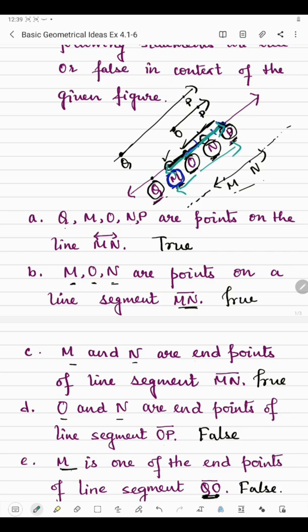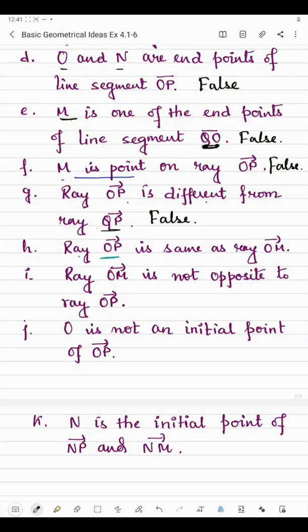Why is it different? Though the starting point is same, this goes in the opposite direction, right? So this cannot be same. So we will write it as false. Okay.